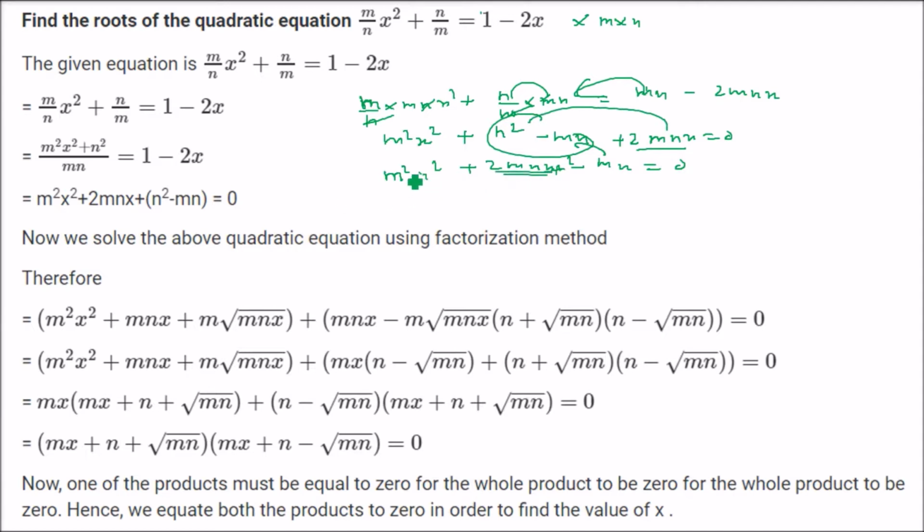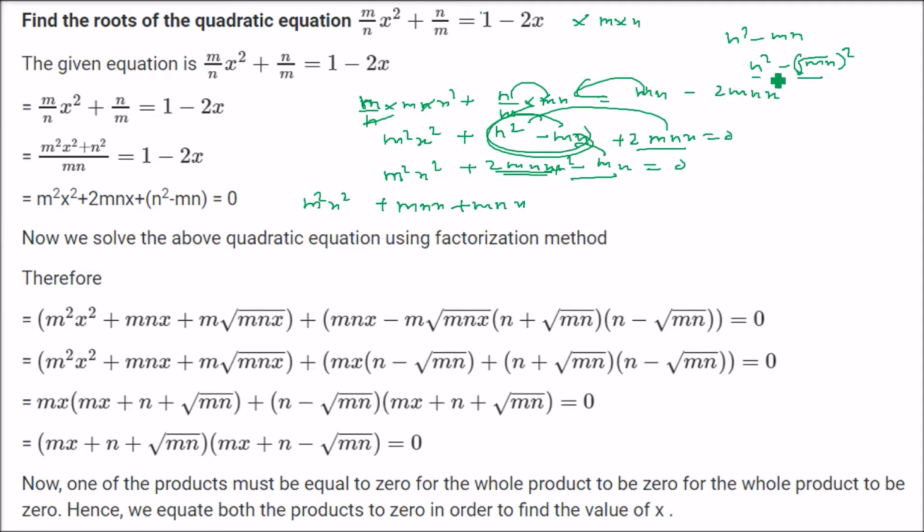Now this 2mnx can be written as, first of all, m square x square will remain like this, and 2mnx can be written as mnx plus mnx. And this n square minus mn, see, this n square minus mn can be written as n square minus (under root mn) whole square, because it will be mn only.